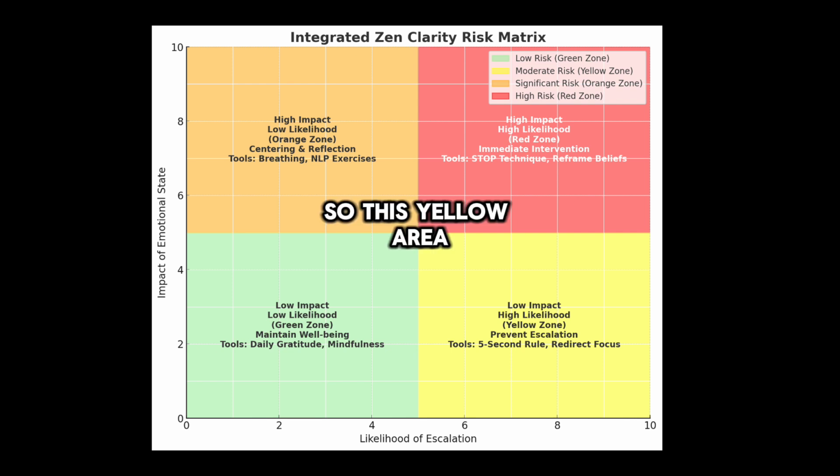So this yellow area still may have a lower impact on your emotional state, but there may be a high likelihood of you moving into the orange zone, where there may be a higher impact.